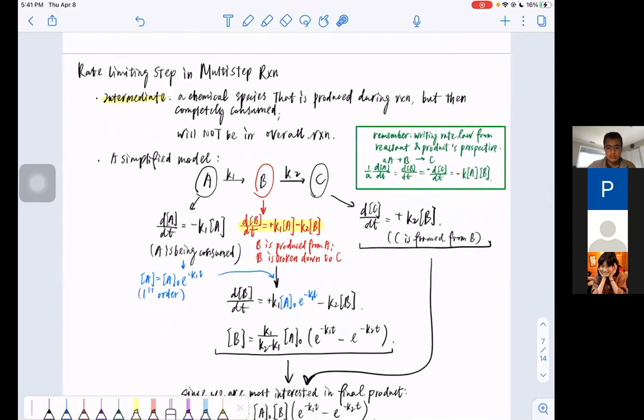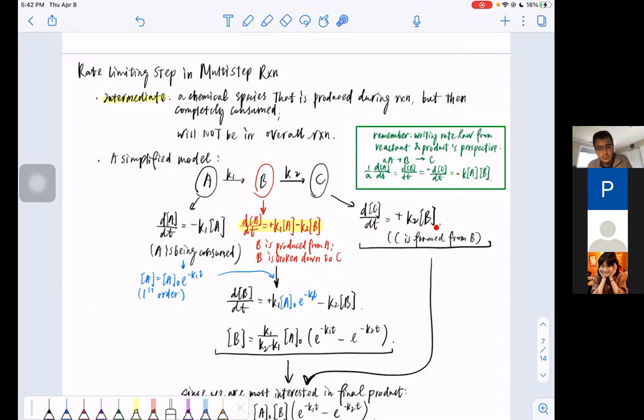So as I said, we want to study C. So we start by writing out the rate law for C. Writing out the correct rate law is very important, and I encourage you to try that by yourself. So yeah, hopefully you can understand this.